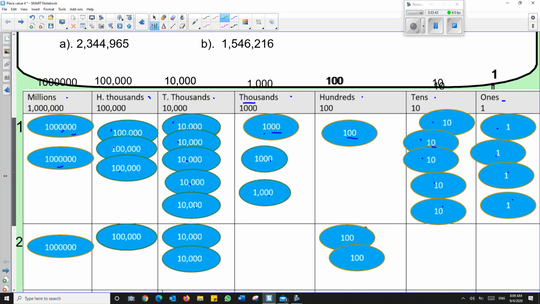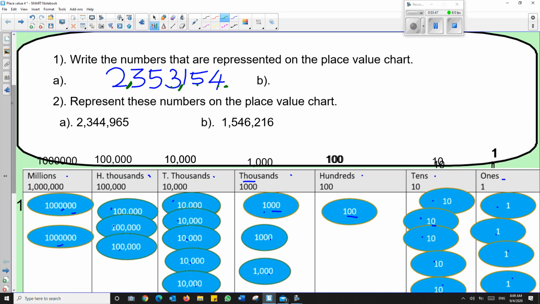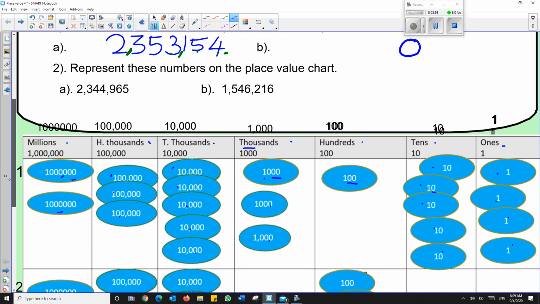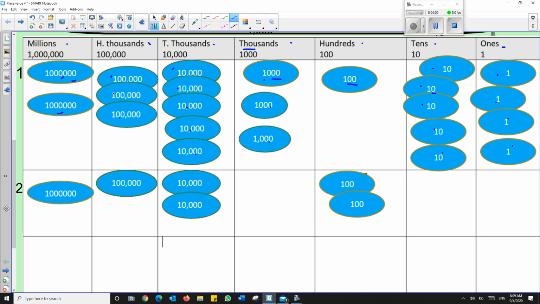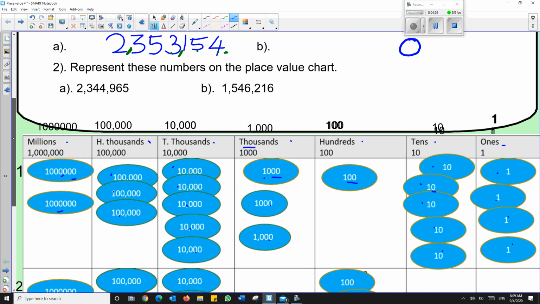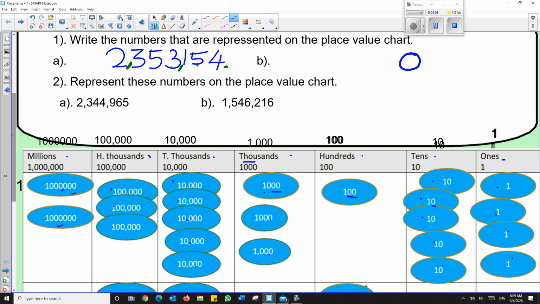So we put a 0. How many tens are there? There's nothing. Also put a 0 to hold the position for tens.